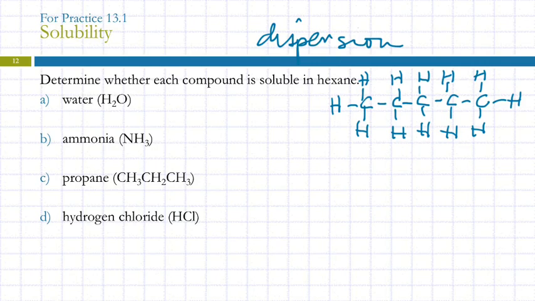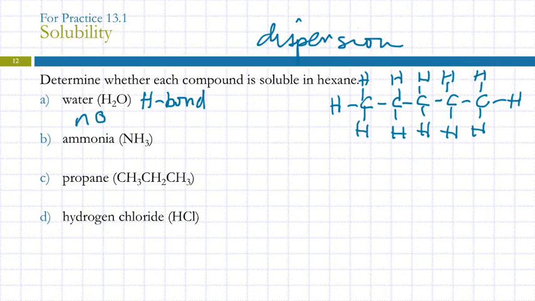So for water, what's the strongest intermolecular force? Hydrogen bonding. So this has hydrogen bonding. Are dispersion forces and hydrogen bonding alike? No. Is this going to form a solution? No. How about ammonia? What kind of forces does ammonia have?